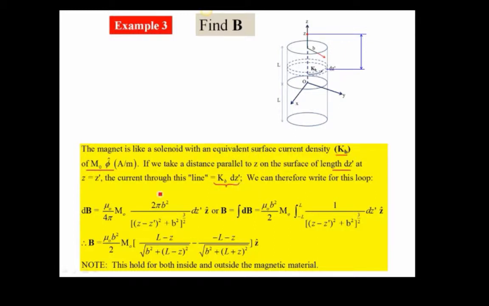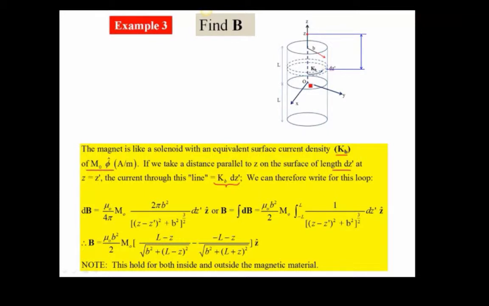If we take the expression for the B field due to a loop of current, if you remember we derived that, it will be related to the radius of the ring, and if you're doing this on a point on the z-axis, it'll be the distance from the center of the ring to the point that you want. The distance from this particular loop to the point z is z minus z prime, and we can see this up here.